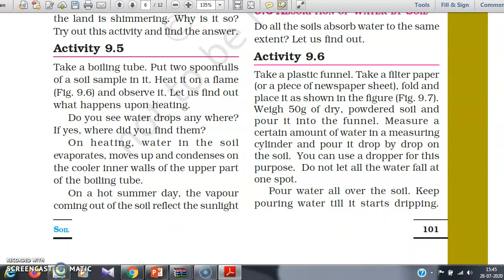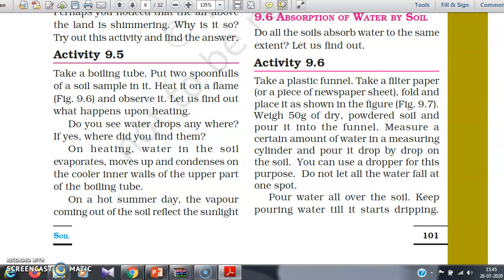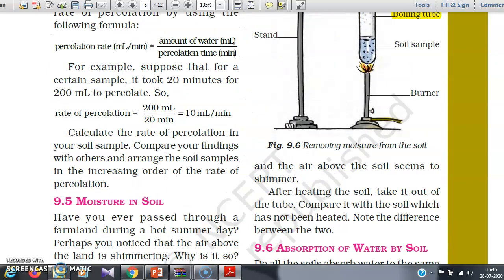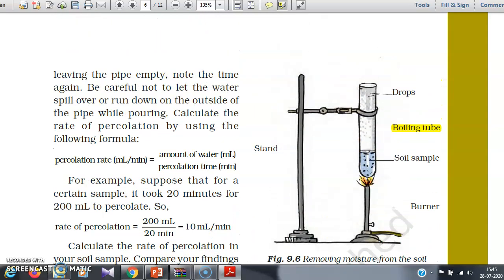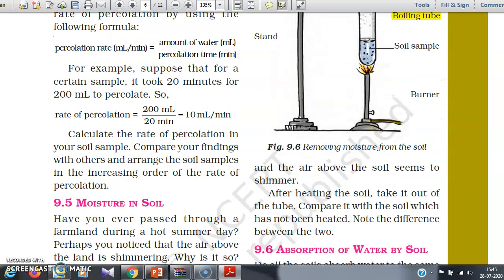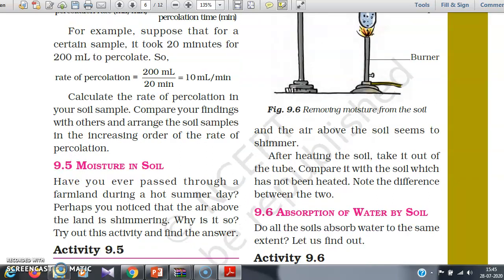On a hot summer day, the vapor coming out of the soil reflects the sunlight, and the air above the soil seems to shimmer.